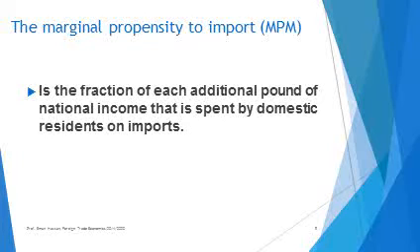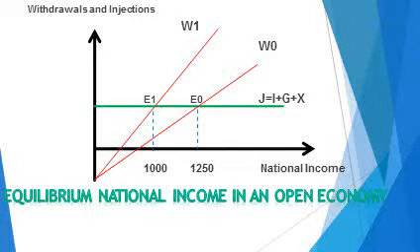We have already given you the idea about this terminology, but today we are going to discuss it again. The MPM is the fraction of each additional pound of national income that is spent by the domestic residents on imports.